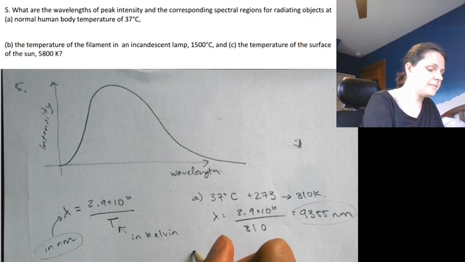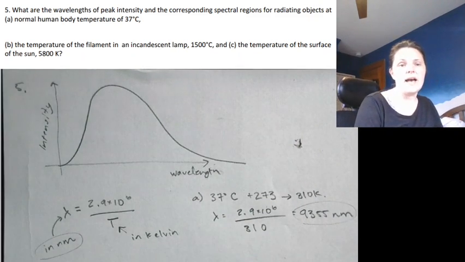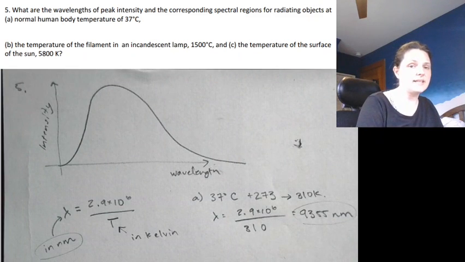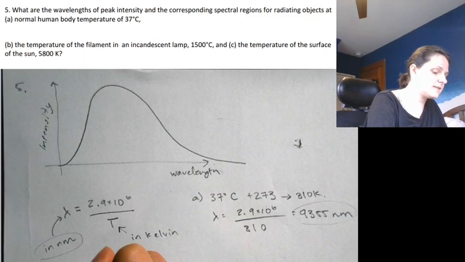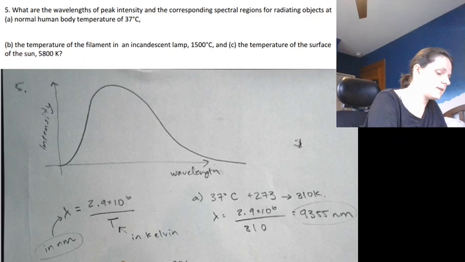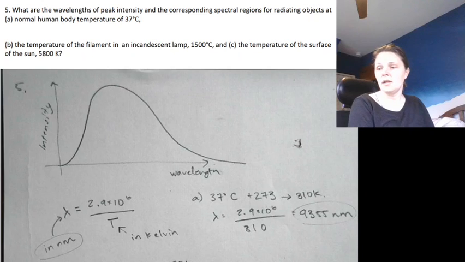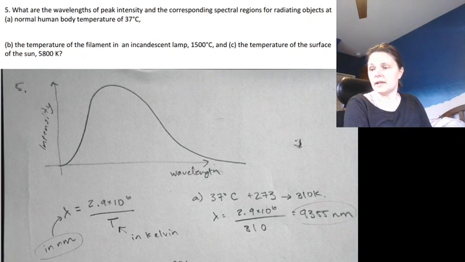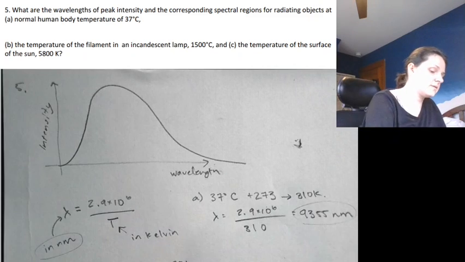For part B, we have the temperature of an incandescent light is 1500 degrees Celsius. And we'll add 273 to that as well to get 1773 Kelvin. So the wavelength is 2.9 times 10 to the 6th divided by 1773. And that gives me 1636 nanometers.